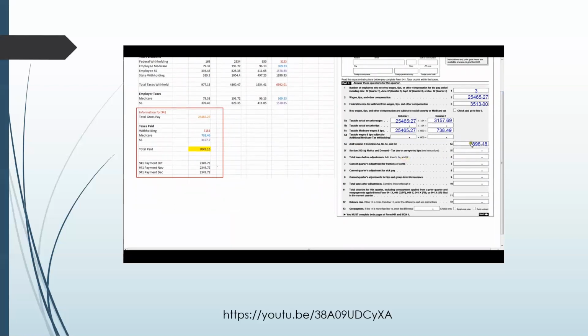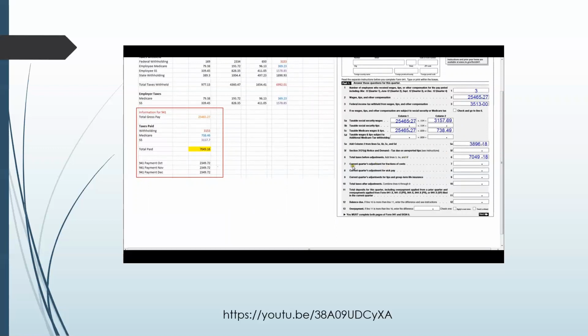So I'm going to take my Social Security and Medicare wages and add it to the income tax that was withheld from my employees' paychecks. And when I add those two numbers together, I come up with $7,049.18. So that's the total amount of taxes that are due.